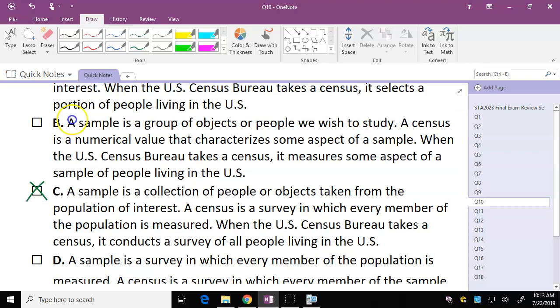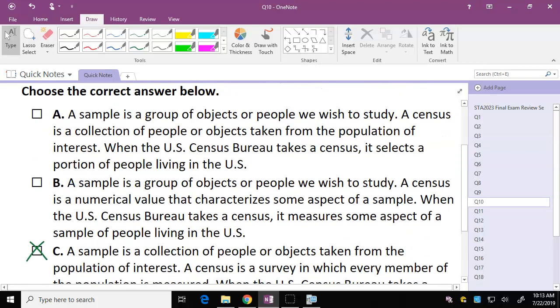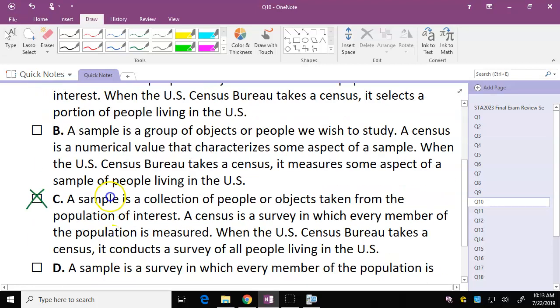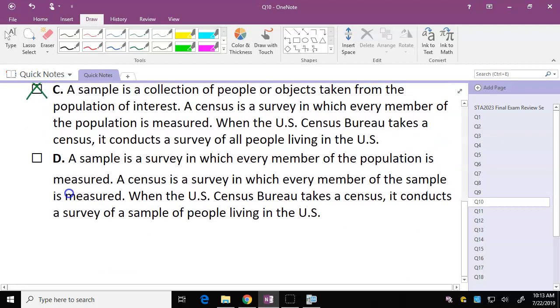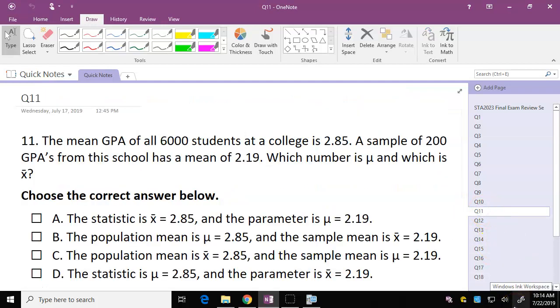No. The census is a collection of people or objects taken from the population of interest. No. It's about all of the population. And then if you look at D, a census is a survey in which every member of the sample is surveyed. No. That would just be my sample. So yeah, census is about everybody as a whole.